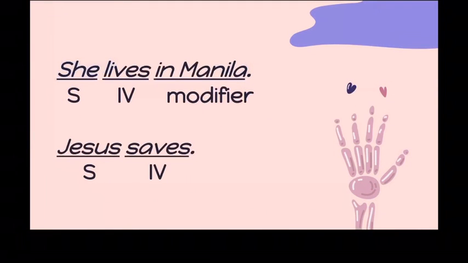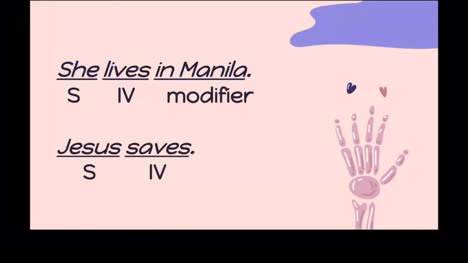She lives in Manila. She is your subject, lives is the intransitive verb, and in Manila is your adverb modifier or simply modifier. Jesus saves. Jesus is your subject, and saves is your intransitive verb.